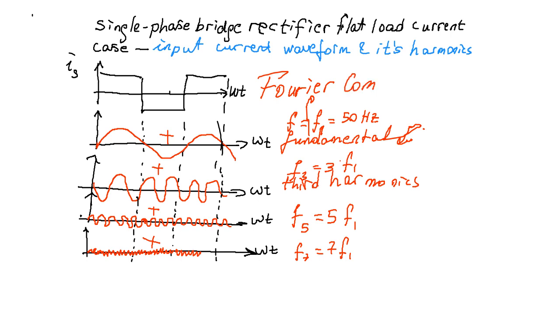How could we get the Fourier components? This is what I'm going to do right now. I'm going to be a bit fast.